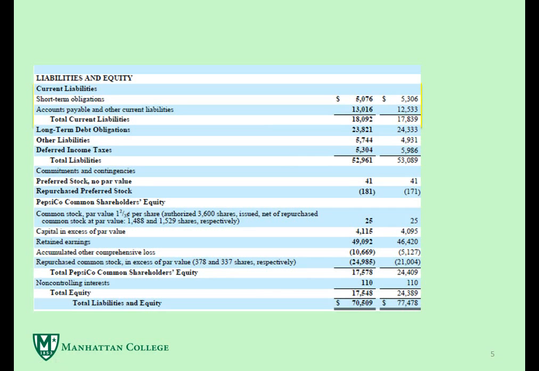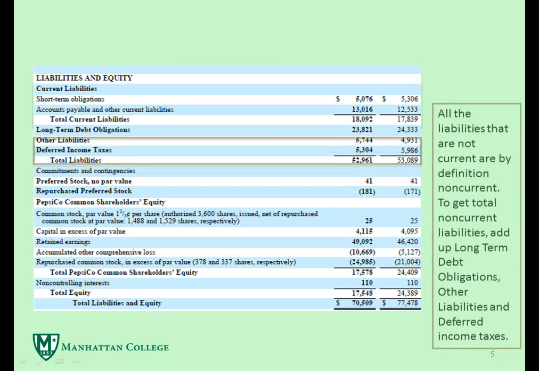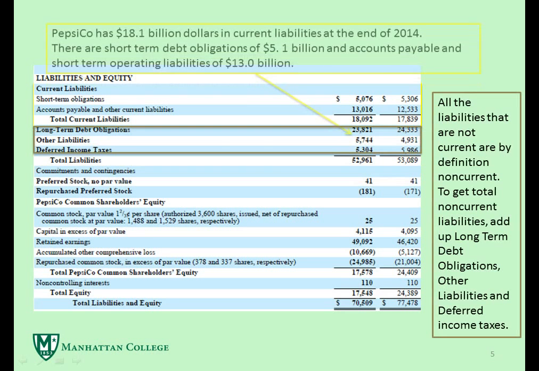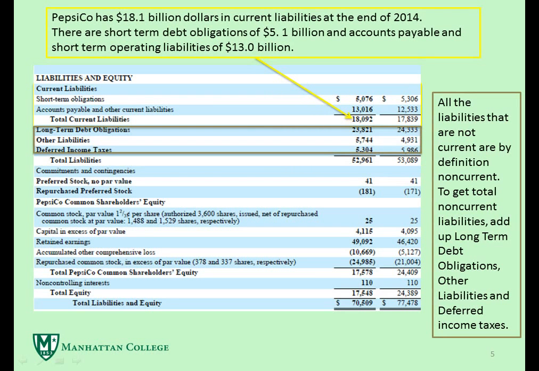Okay, let's look at the liabilities and equity. Remember the accounting equation. Assets of $70.5 billion equals the liabilities plus equity of $70.5 billion. How much of these liabilities are short-term, have to be paid within a year, or an operating cycle, whichever is longer?